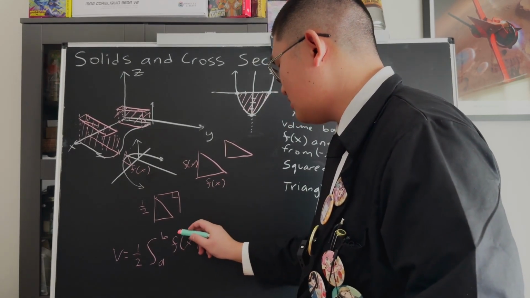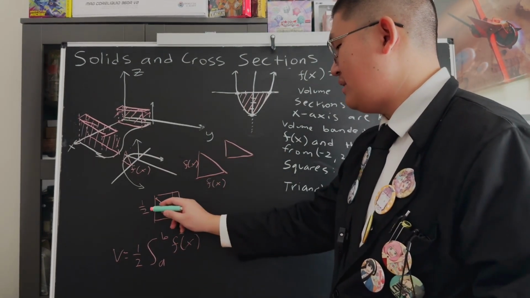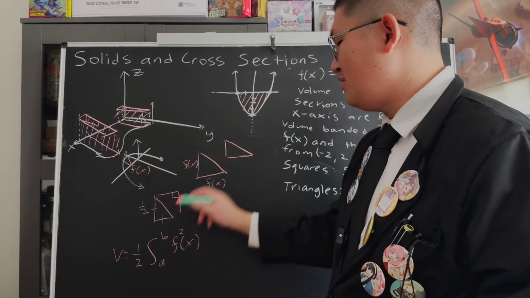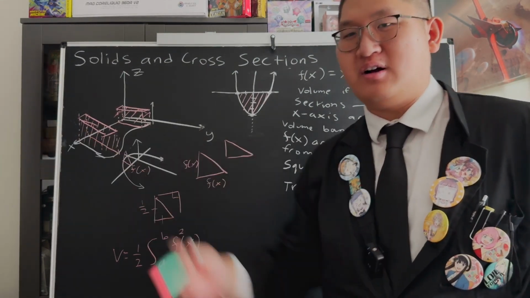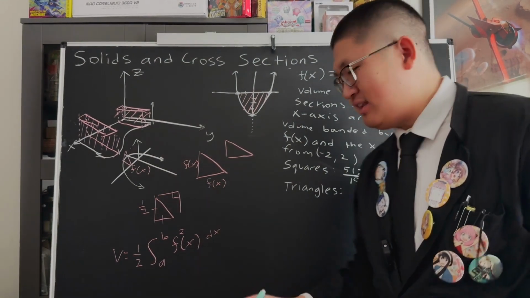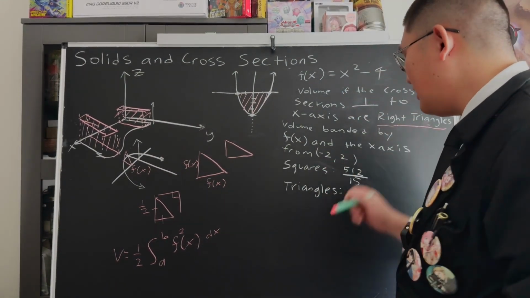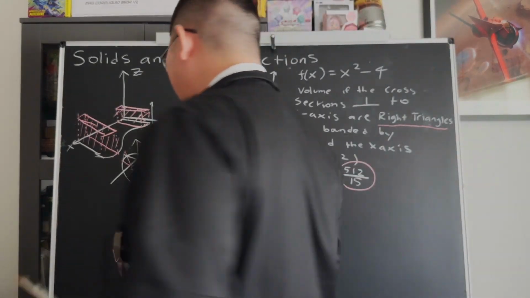All of that is squared, because it's base times height, and they're exactly the same, being an isosceles right triangle of both f of x vertically and f of x horizontally, and we integrate across the axis. Thankfully we've already done all the work before. We already know what the squares look like in terms of that volume.